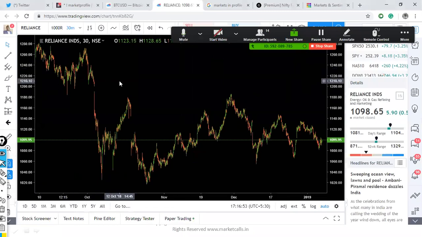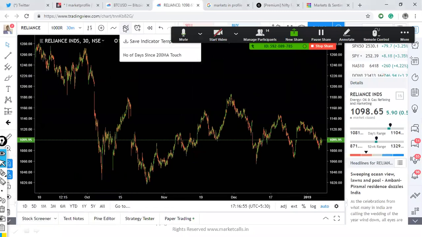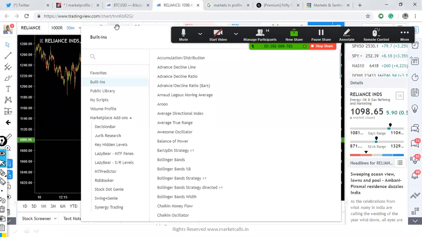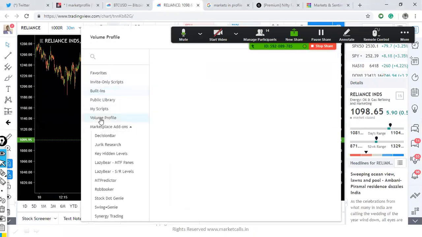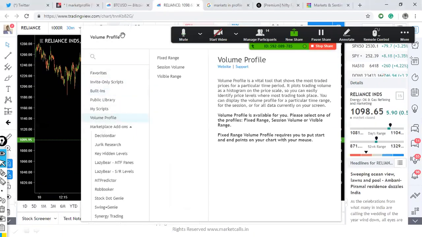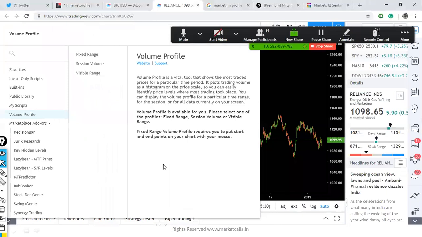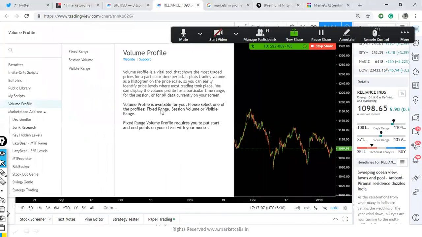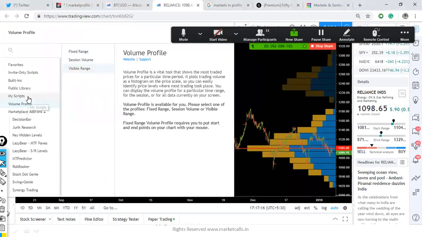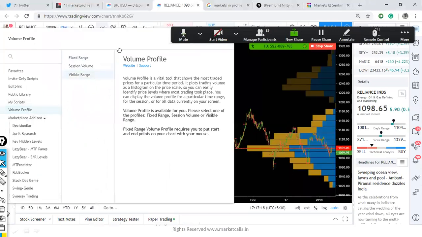Okay. So I think you're talking about this indicator. The volume profile. Yes, sir. That one. Why is it not coming over here? Yeah, we're talking about these tools, right? Yes, sir.